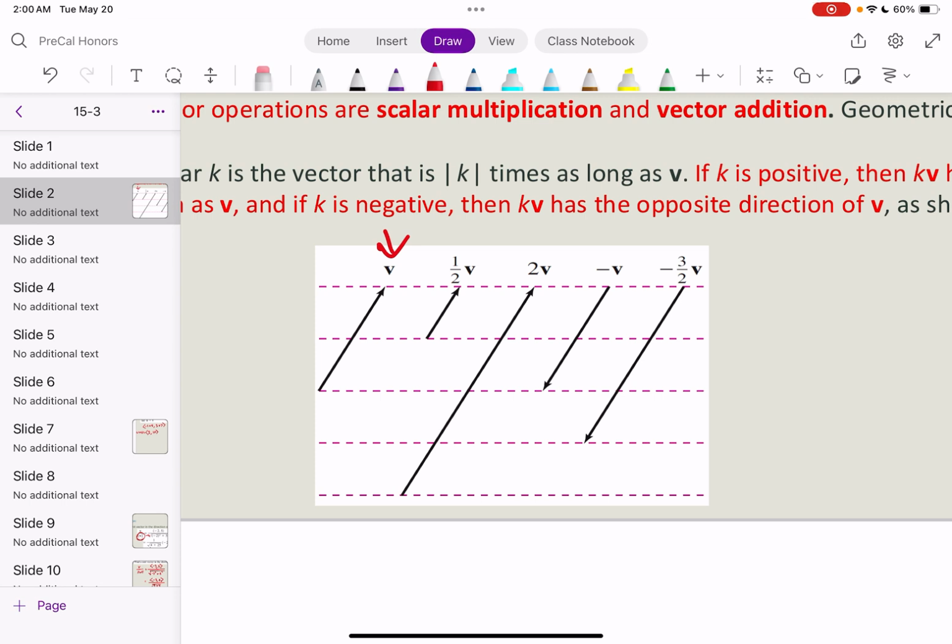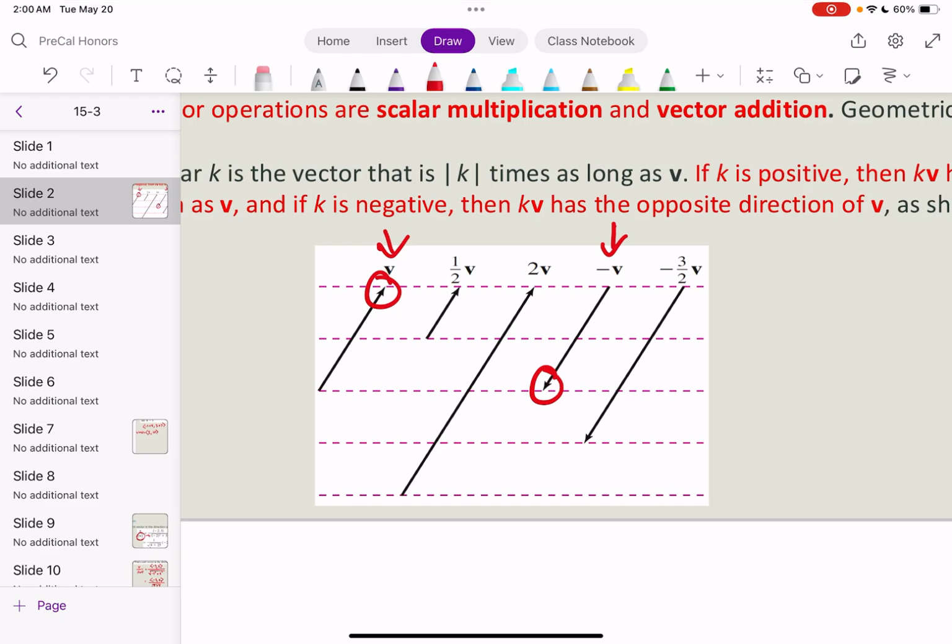And the easiest way to determine that would be through our first v and our negative v. Taking a look at those two will help you understand where the arrowhead is pointing to determine whether it is positive or negative. If it's facing up, it would be positive. If it's facing down, it would be negative.